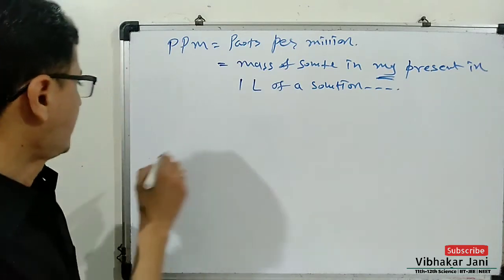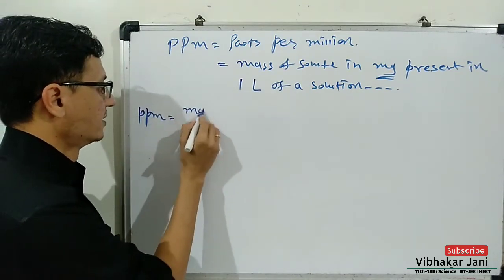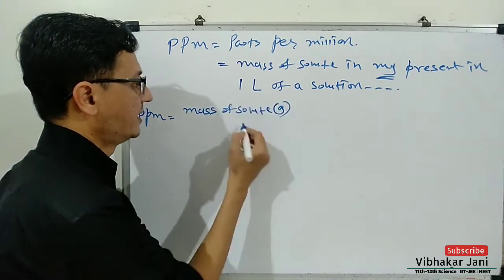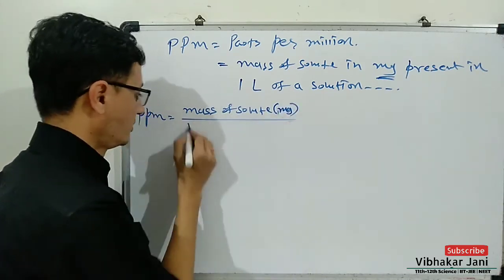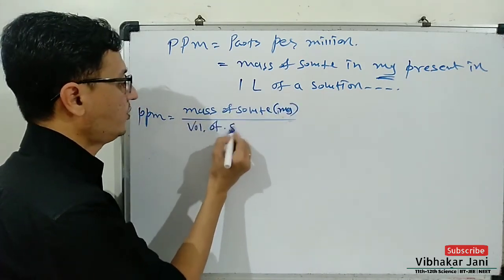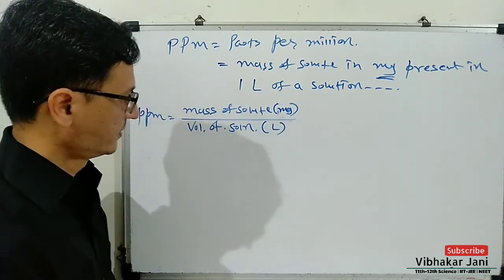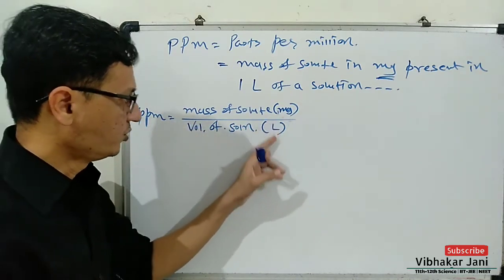That means if we write the formula of ppm, it will be like this: mass of solute in milligram upon volume of solution in liter. This is the formula, and from this formula you can easily derive the unit also.